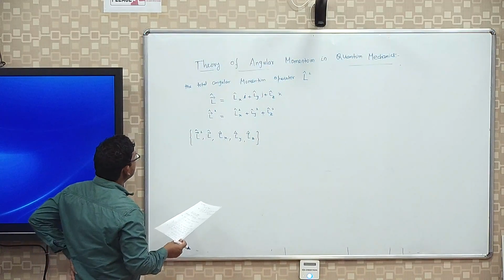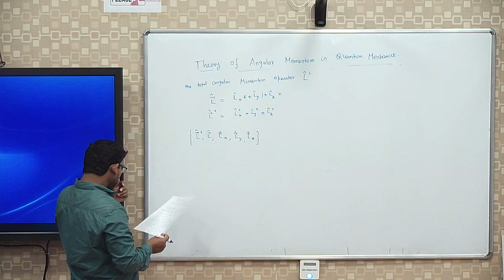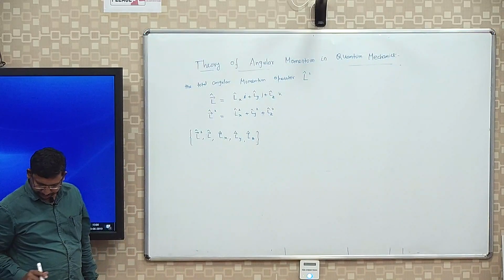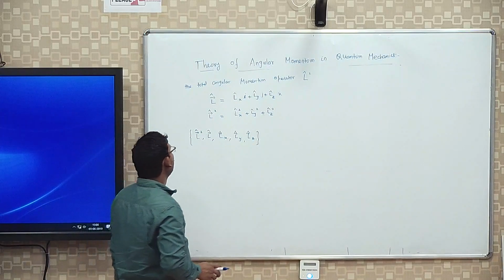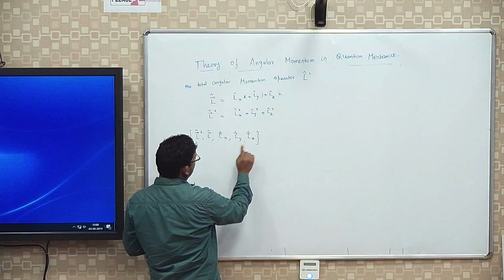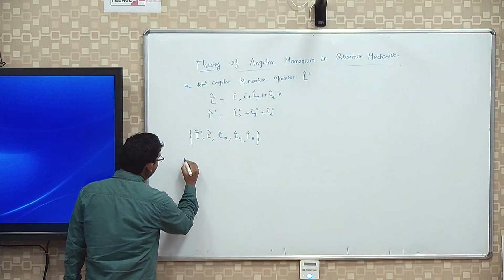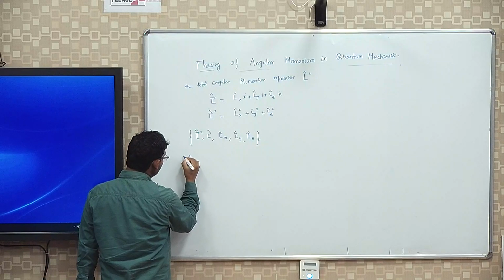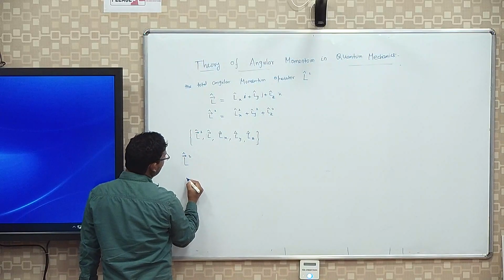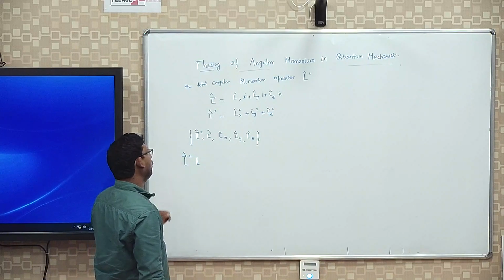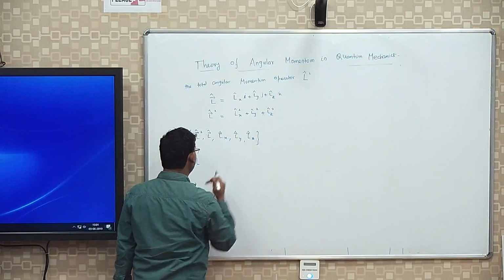So, we have to check whether the total angular momentum L square commutes with Lx, Ly, Lz. What is the answer if the total angular momentum L square commutes with the angular momentum of a particular component, say for example Lx, Ly or Lz.